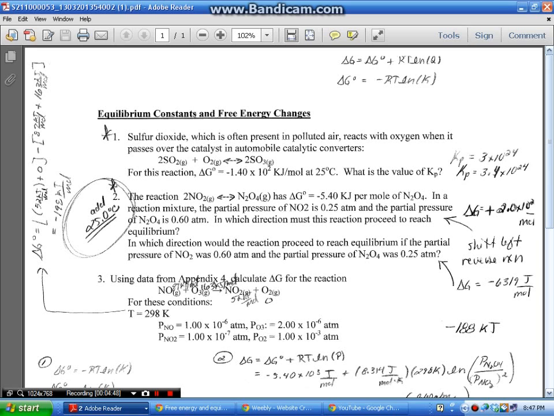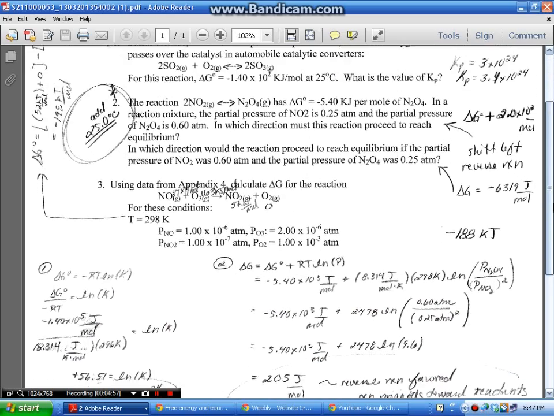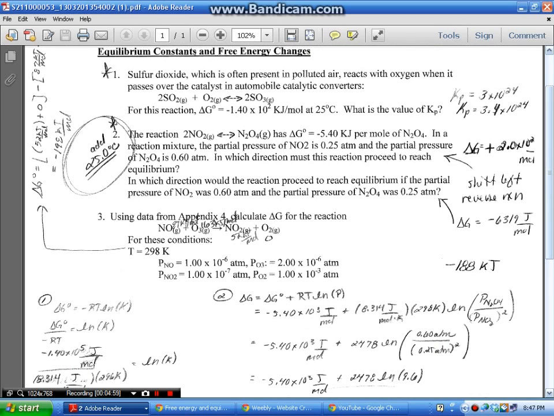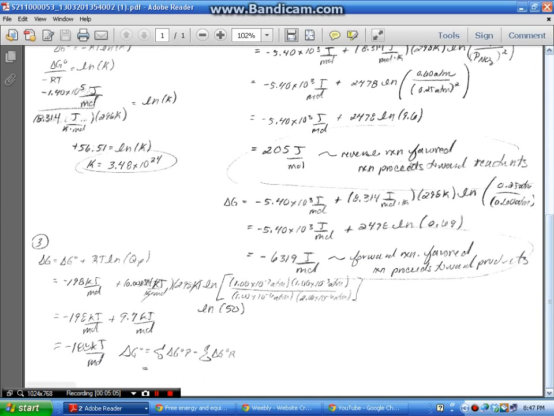And to find delta G naught, we know it'll be the summation of the delta G of products minus the summation of reactants. And so that's what I found here. So my delta G naught for this reaction is here. And then we would just apply the pressures as I have them.